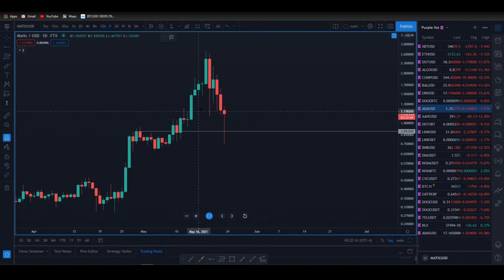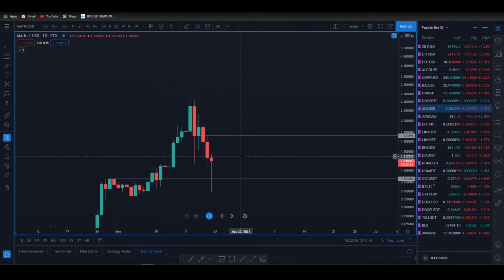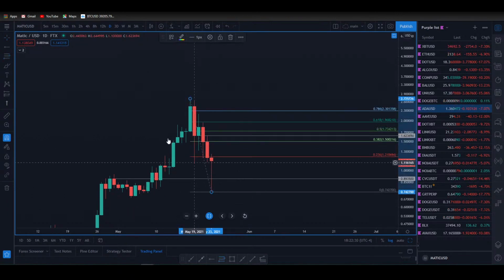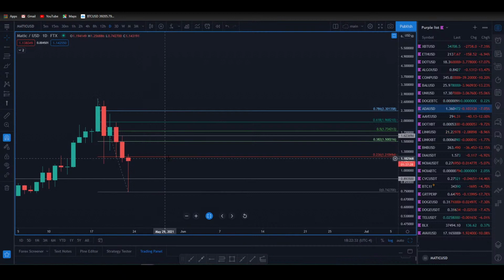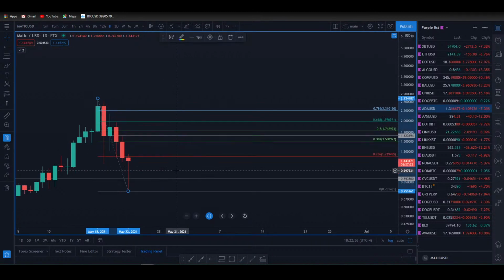You could trade all the way back up to 1.62 on Matic and still not do anything once you get there. What you can do is throw a fib level on it from this swing high to this swing low, and then watch your 382, your 50%, and your 618 retracement levels.